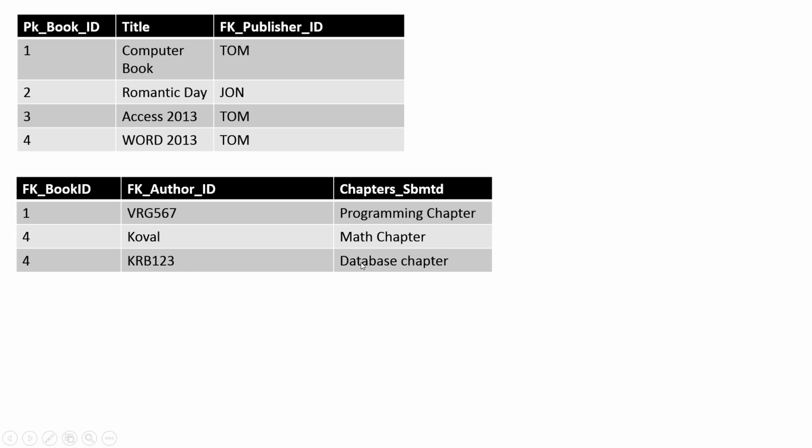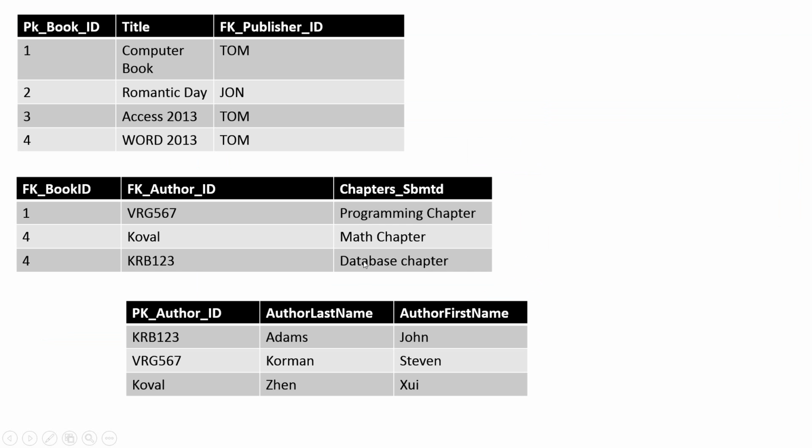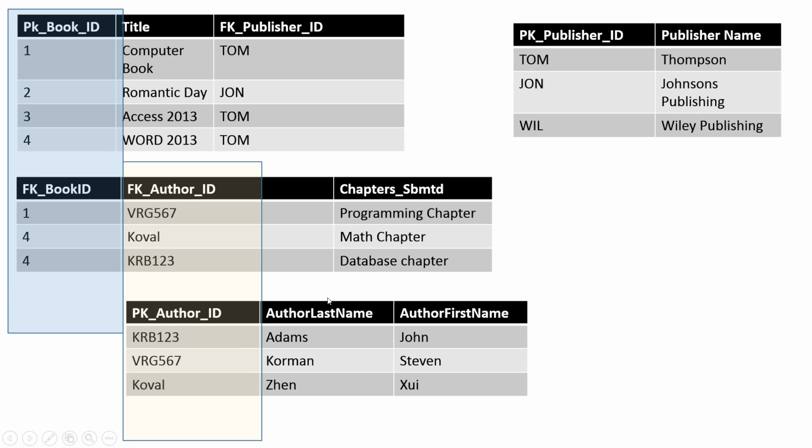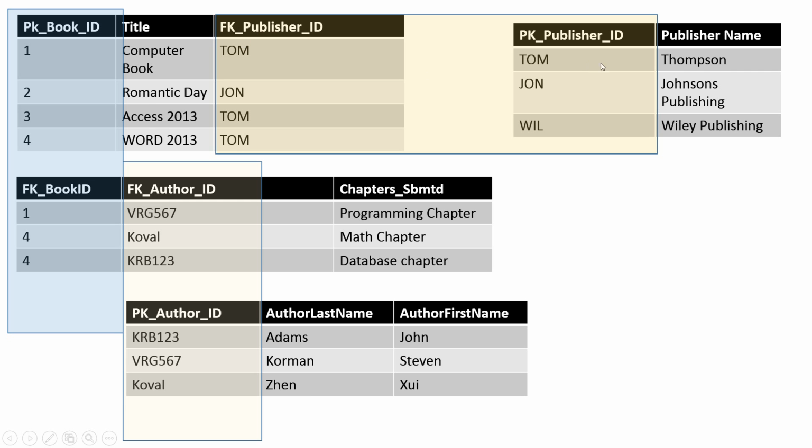Now let's see how it works. For example, we have table books connected to the connection table, right? Primary key book ID connected to foreign key book ID. Foreign key author ID connected to primary key author ID in table authors, right? Also, you have table publisher, which connects with table books through foreign key publisher ID, right? And I have inputted data so you would see how it works.